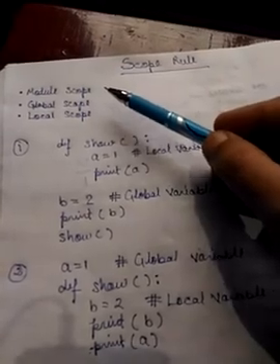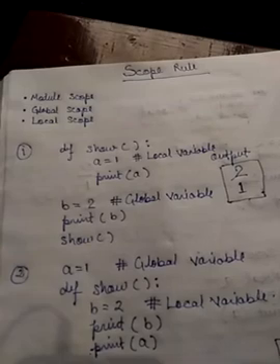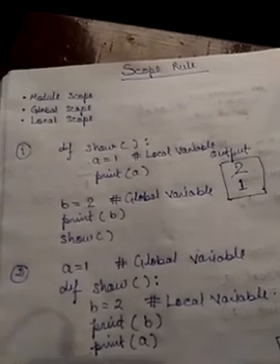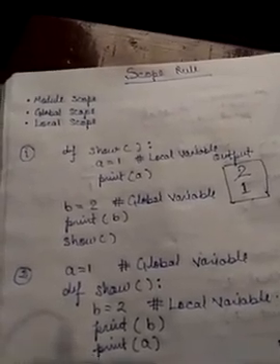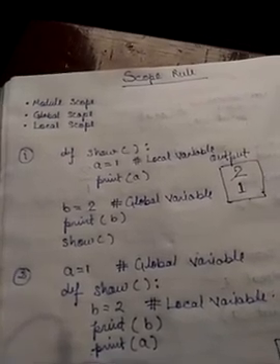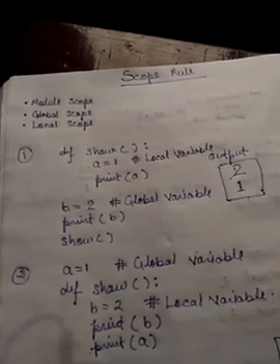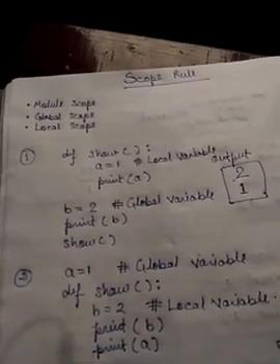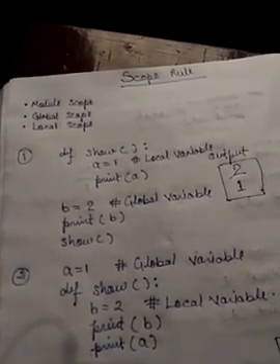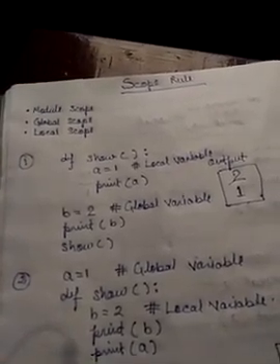Module scope says that the variable which is declared within the module can be accessed in any program, in any file, but the condition is that you need to import their concerned module. Means अगर कोई वेरिएबल किसी मॉड्यूल के अंदर डिक्लेयर है तो वो कोई से भी प्रोग्राम, कोई सी भी फाइल में एक्सेस किया जा सकता है, लेकिन उसका मॉड्यूल हमें इंपोर्ट करना पड़ेगा.